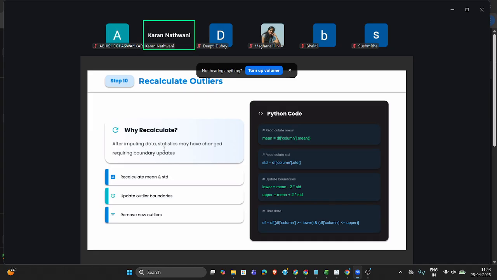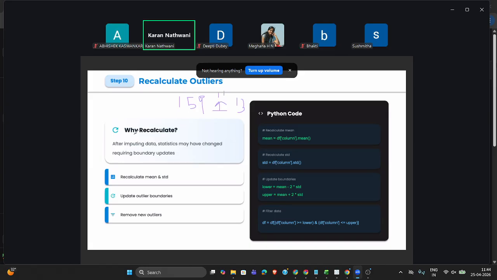Because after filling the data, let's suppose I took an example. Let's say the numbers are 1, 5, 9, and then a missing value, then 13. If now you have filled this missing number by the mean, 13 plus 9, what is it? 22, half is 11.